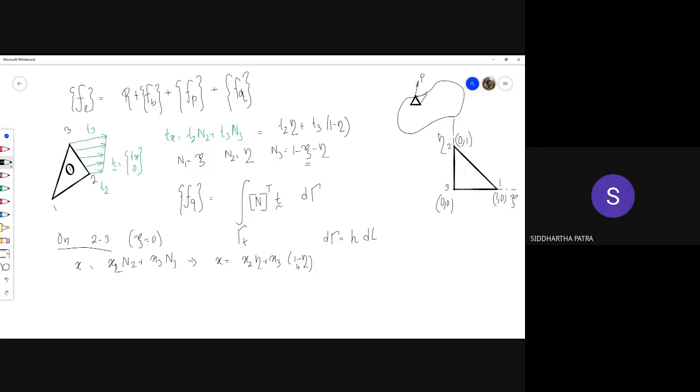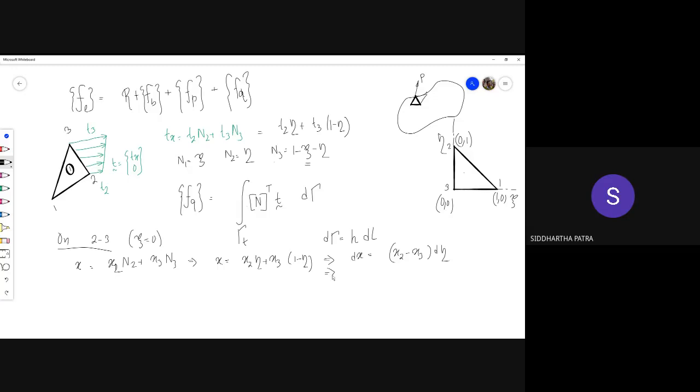No confusion so far, or is there any confusion? No, sir. Okay, so now I can differentiate x, and that basically turns out to be (x2 minus x3) times d eta, right? Can you see this? Is it obvious? Yes, sir.